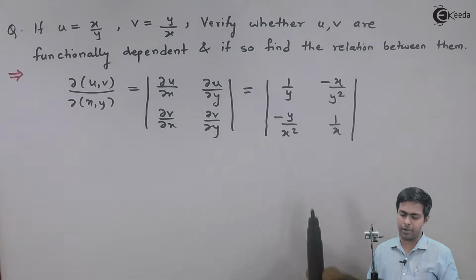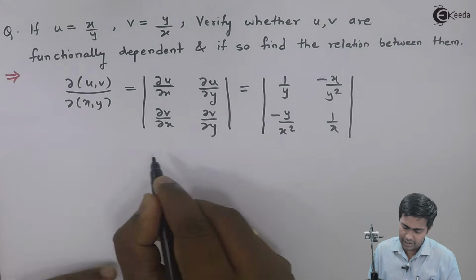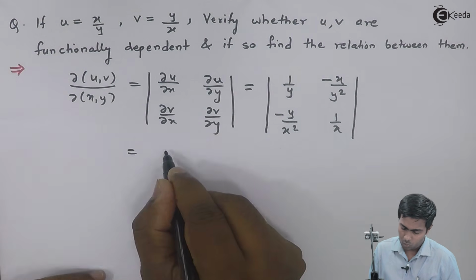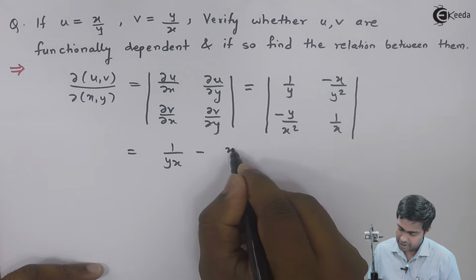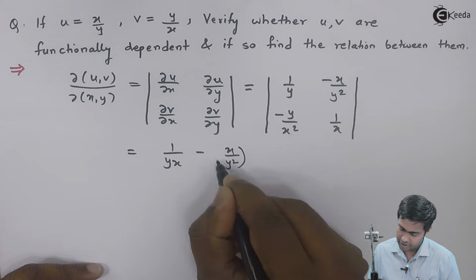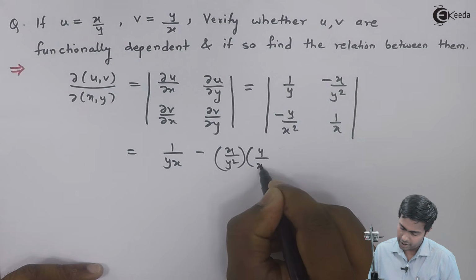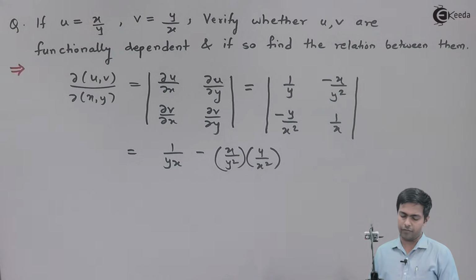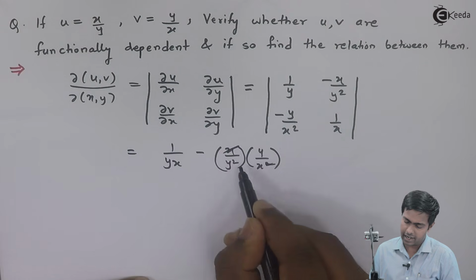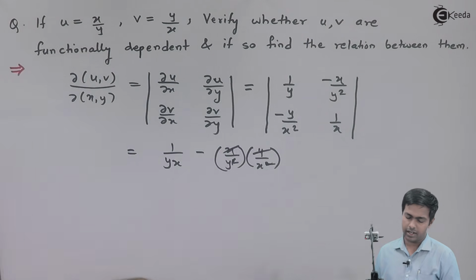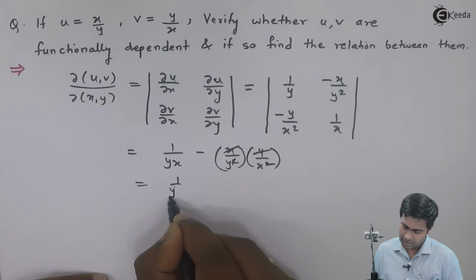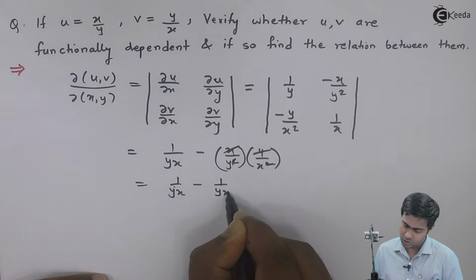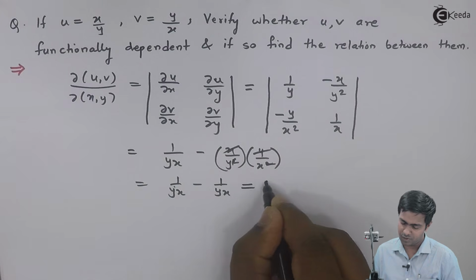Now if we multiply the terms, then we'll get 1 upon yx minus x upon y square into y upon x square. So here if we cancel the terms x and y, then again we'll get 1 upon yx minus 1 upon yx, which is equal to 0.